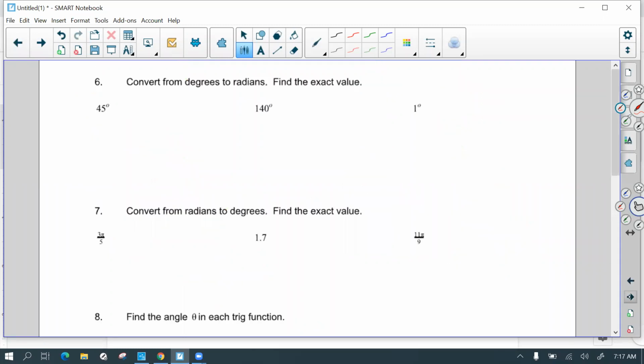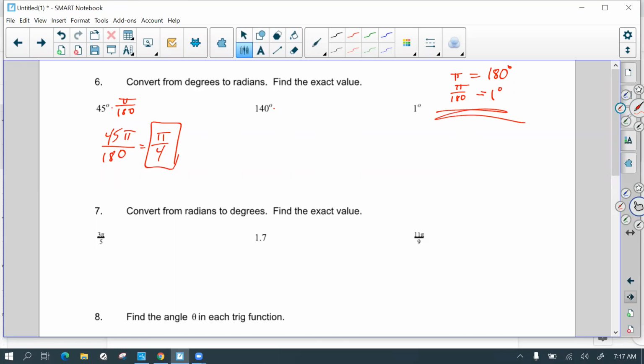Convert from degrees to radians. Remember, pi equals 180 degrees. So that means 1 degree is equivalent to pi over 180 radians. So 45 degrees must be 45 pi over 180. And 45 is a special angle, so it already simplifies to pi over 4. 140 degrees, well, remember 1 degree is pi over 180 radians.